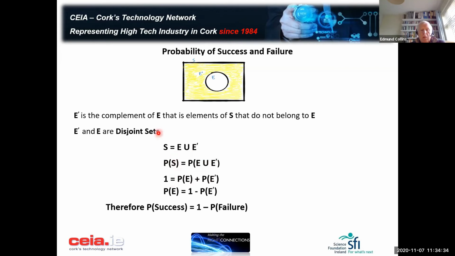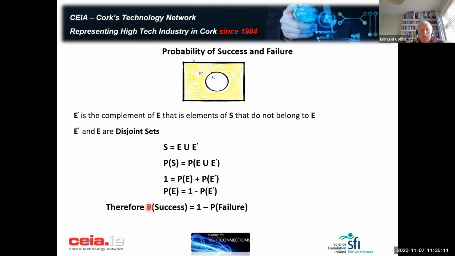And then because they're disjoint sets, from our axiom, we know that the probability of the sample space is 1. And we know that if there's disjoint sets, the probability of E union E dashed will be the probability of E plus the probability of E dashed from our previous axiom there. And we can turn it around and say, therefore, the probability of E equals 1 minus the probability of the complement of E.